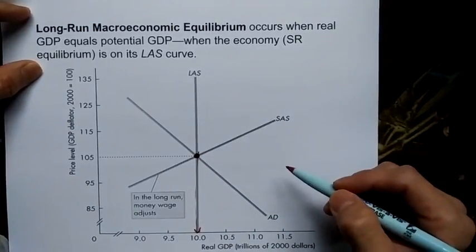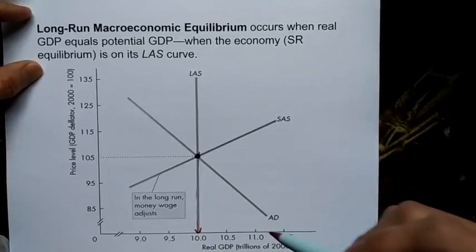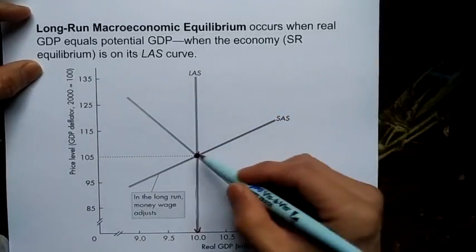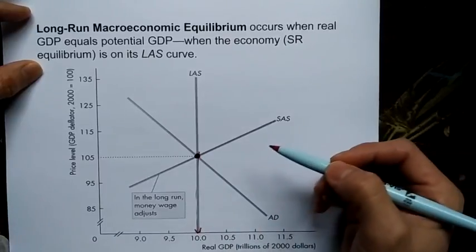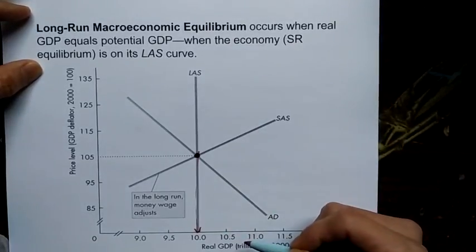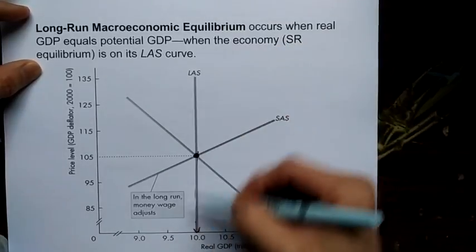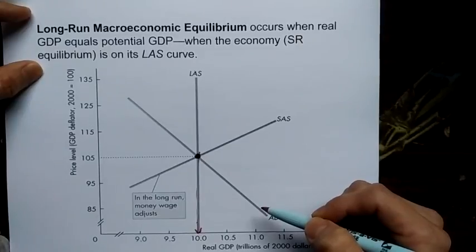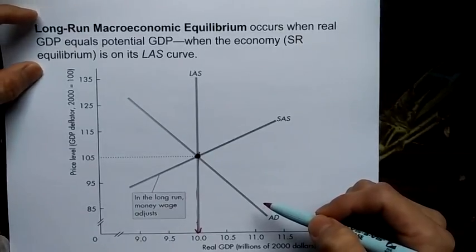Let me say it again. What we are producing now is where aggregate demand meets the short-run aggregate supply curve. If what we are producing now is at the potential GDP level, then we are also at the long-run aggregate supply curve. Then we are in a macroeconomic long-run equilibrium.